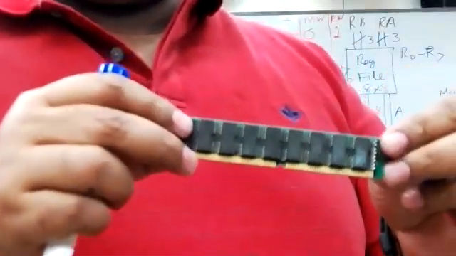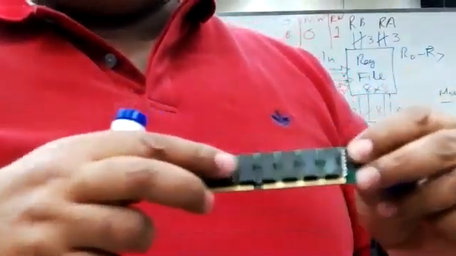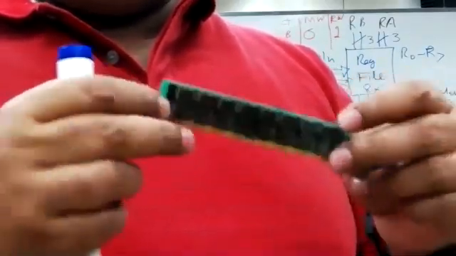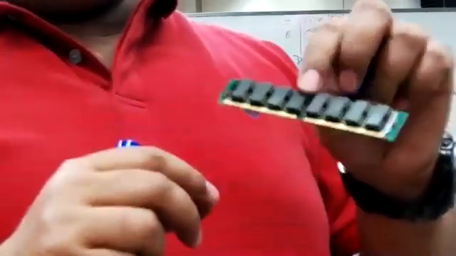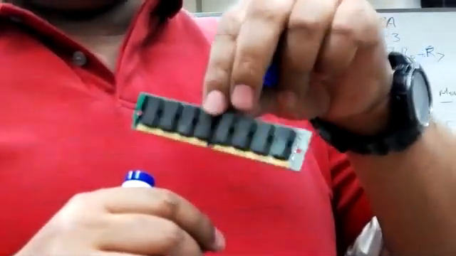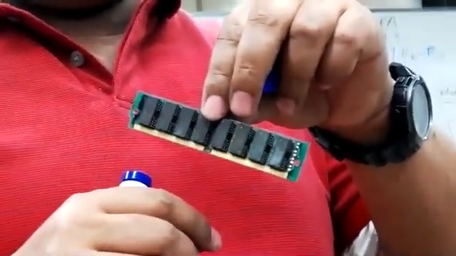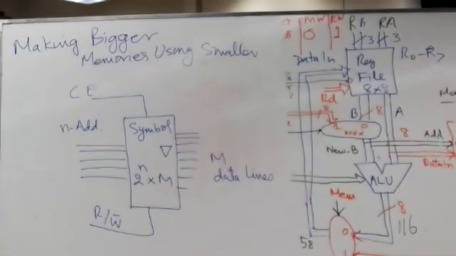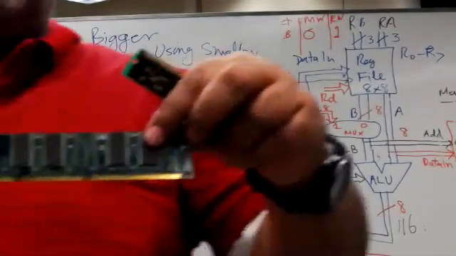You can see here, there are 8 chips. This used to be called SIMM, single inline memory module.